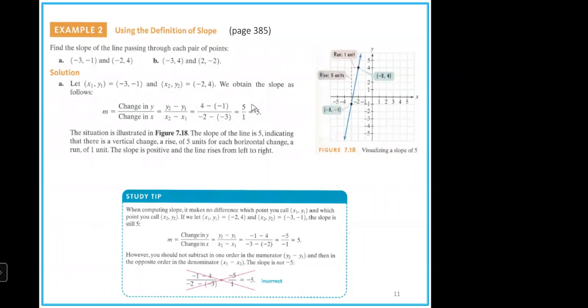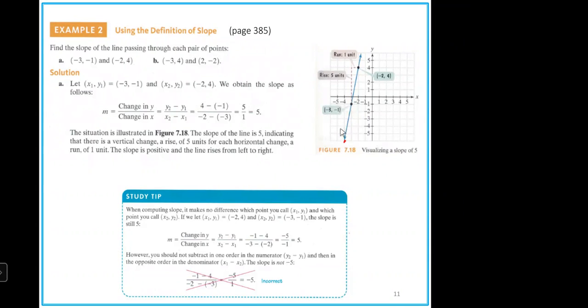Let me see if we could find another 2 points that you could use here. I think the line intersects right here. So you could have started here and gone up 1, 2, 3, 4, 5, and then 1 across. That's still 5 over 1.